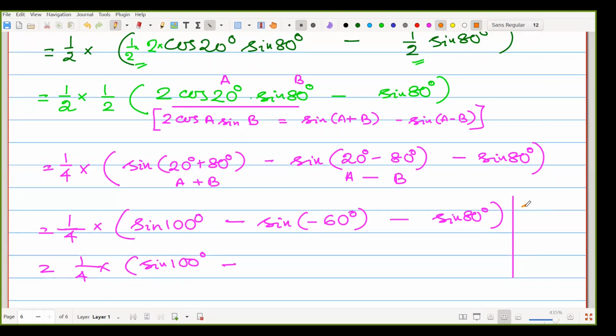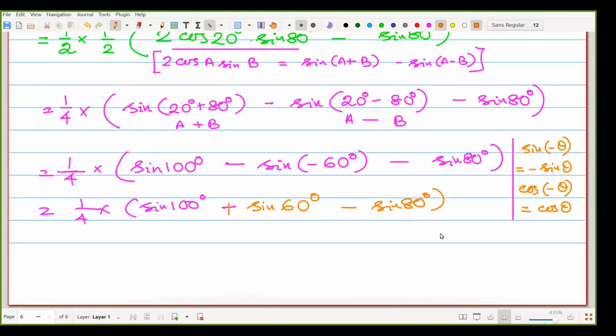Sine of minus theta can be written as minus sine theta, whereas previously we checked cos of minus theta can be written as cos theta, but sine of minus theta is equal to minus sine theta. So here that can be written as plus sine 60 degree minus sine of 80 degree.